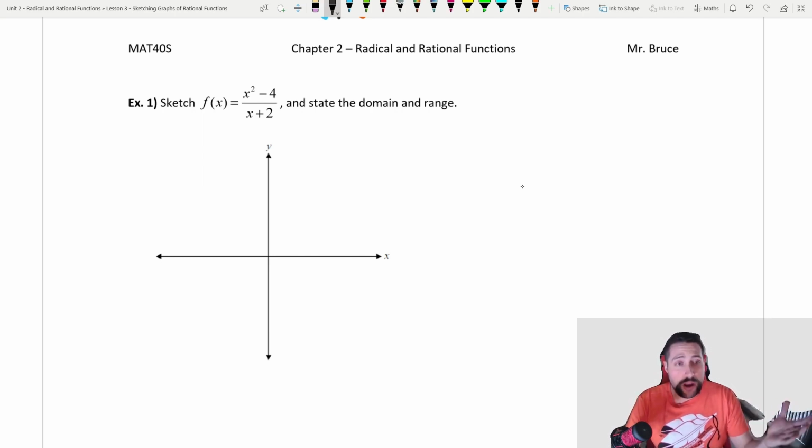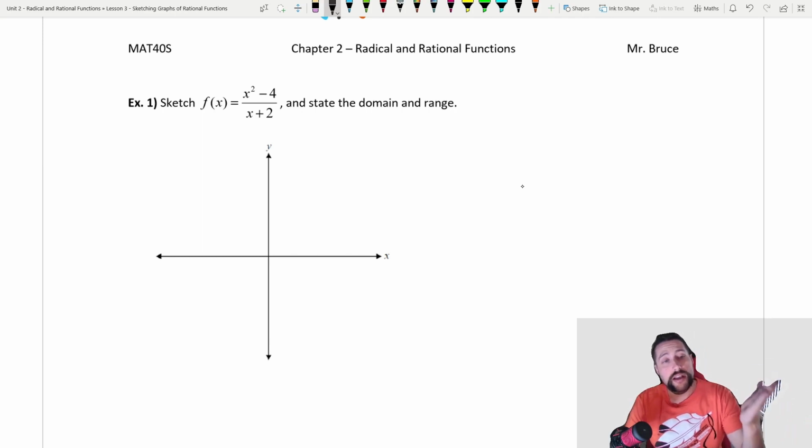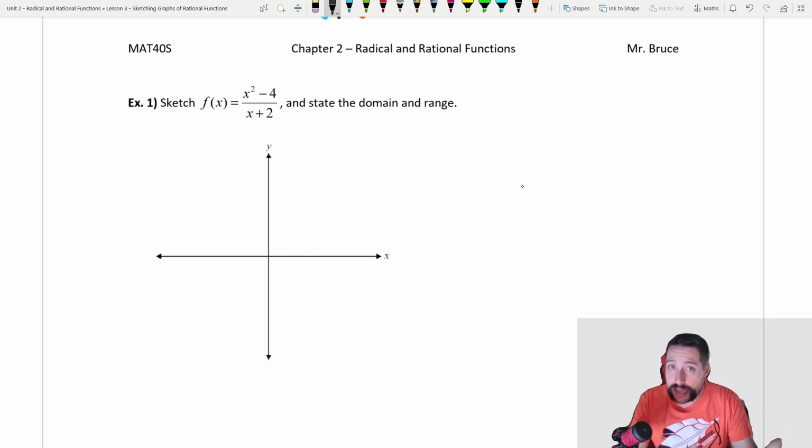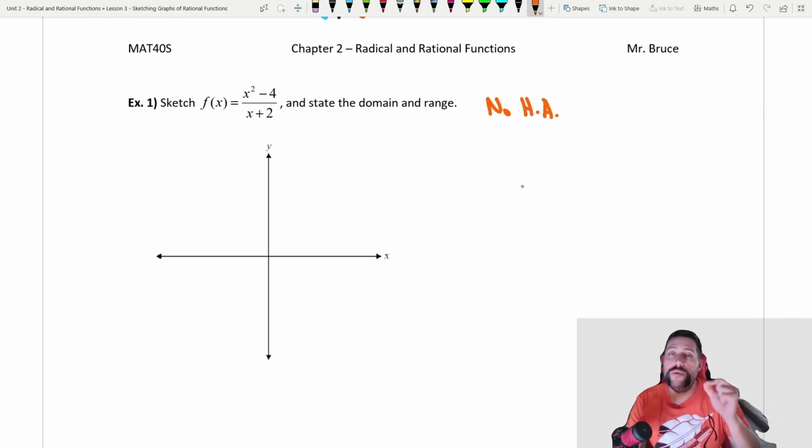Right away we can see that the degree in the numerator is greater than the degree in the denominator. So there are no horizontal asymptotes, because the degree in the numerator is greater than the degree in the denominator, and that's from the characteristics we learned in lesson 2, part 2.